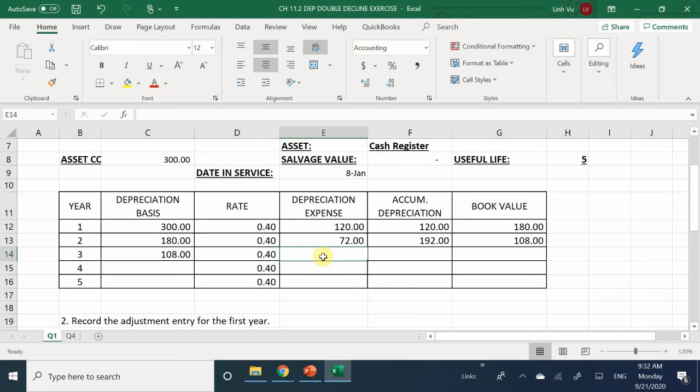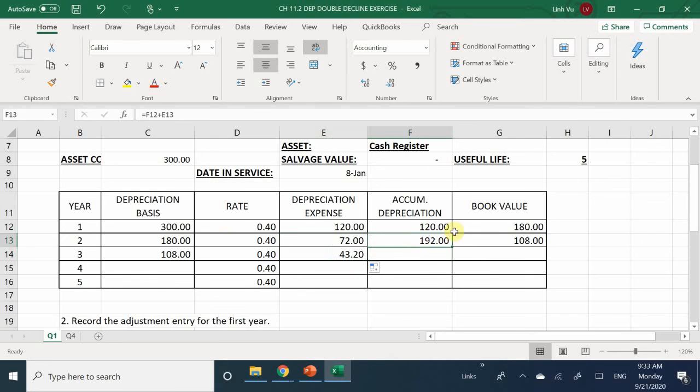Let's go ahead and do this calculation again. Now we're on year 3, or the end of year 3. What is the depreciation expense for year 3? $43.20. Good.